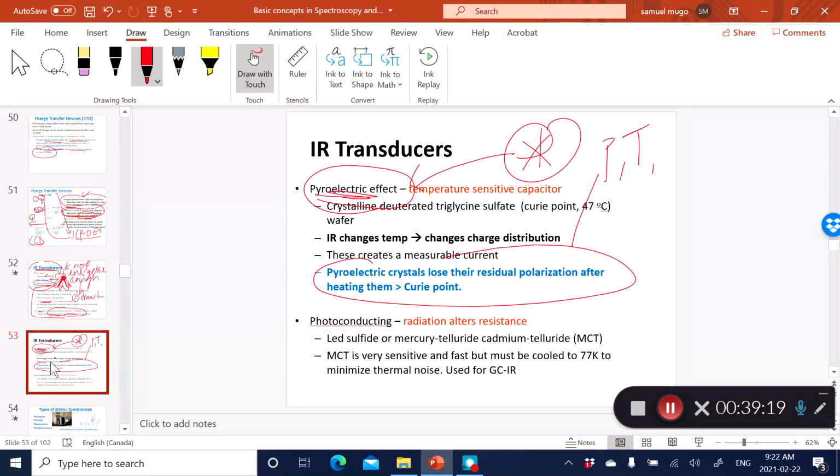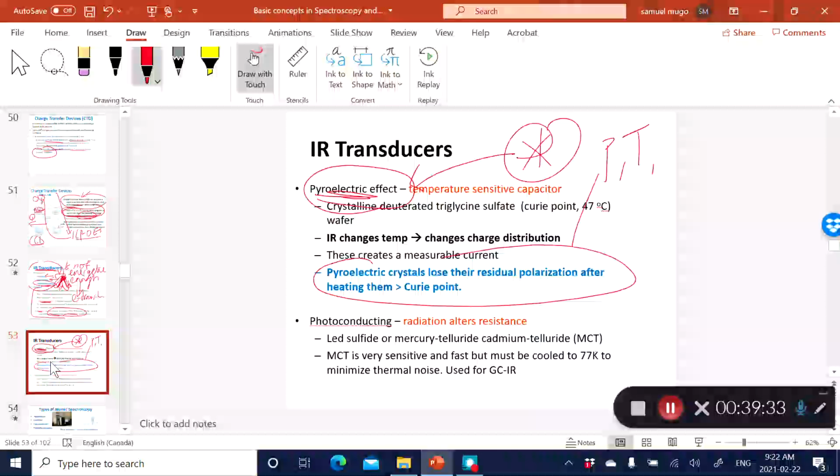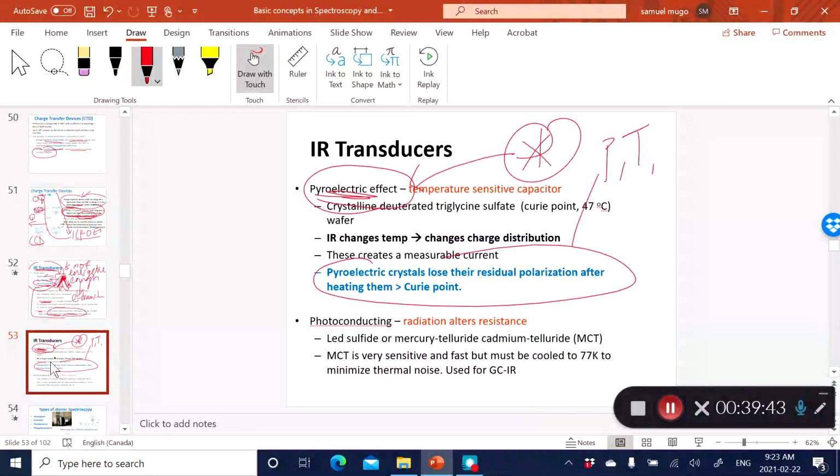If you bend the material, there is a change of polarity, because the electron distribution in that material changes. So these are materials with a dipole moment, meaning if I apply some form of pressure, there is a distribution of electrons within that material, and that creates a potential difference that you can actually measure. And that's what you refer to as the pyroelectric effect.